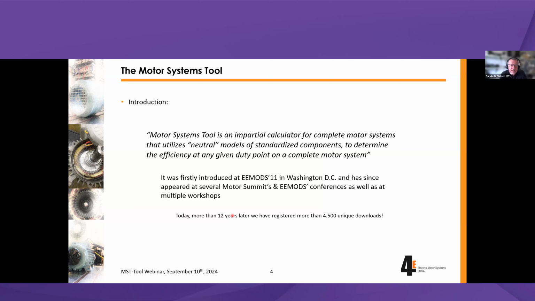I was actually presenting this tool in 2011 at the EMOT in Washington, D.C., and ever since I have presented it many times at Motor Summits and EMOTs, and even in workshops all over the world. That's very nice. We try to keep track on the EMSA website of how many people are downloading, and I think the number these days is something like 4,500 unique downloads. So that's nice.